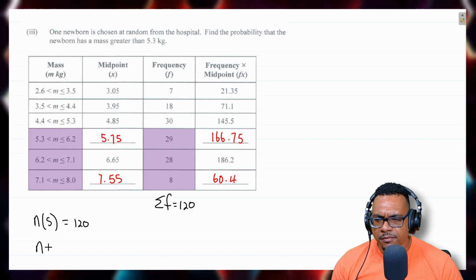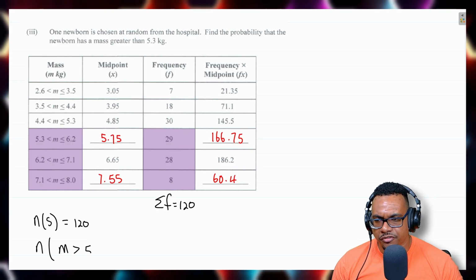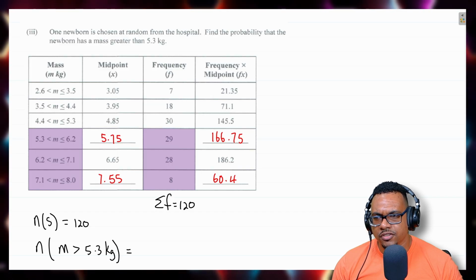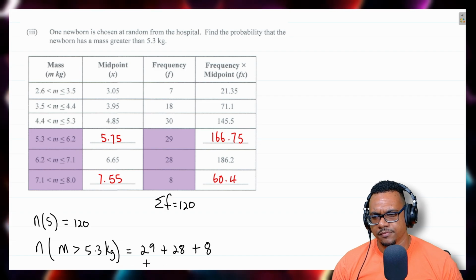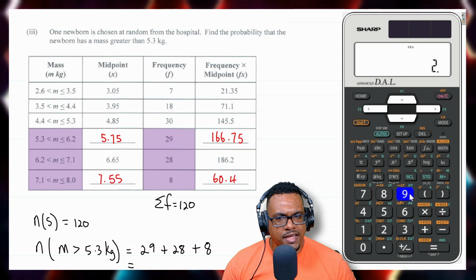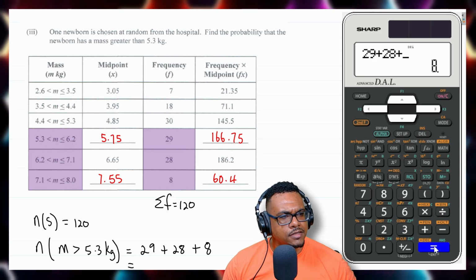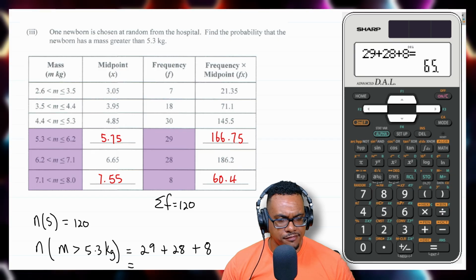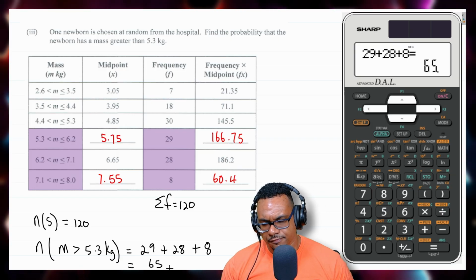So the number of elements in the set, mass greater than 5.3 kilograms, is equal to 29 plus 28 plus 8, and that's 65.